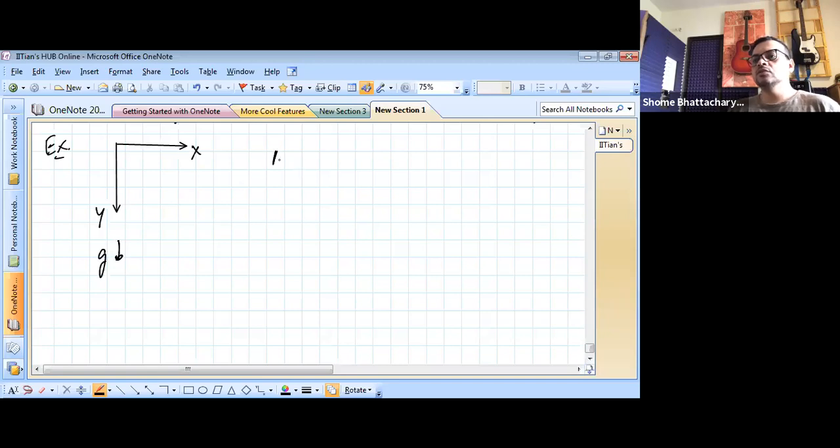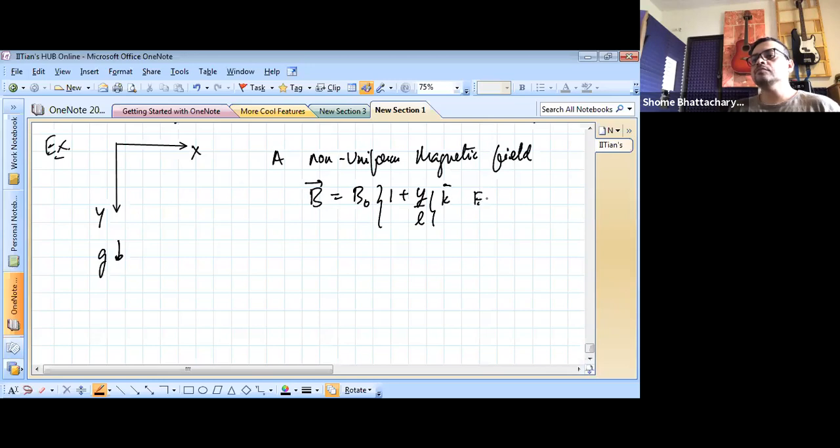A non-uniform magnetic field given by the relation B is equal to B naught into 1 plus y by L, k cap, exists in the region shown. Now what we're doing is we are taking a rectangular metallic frame like this.